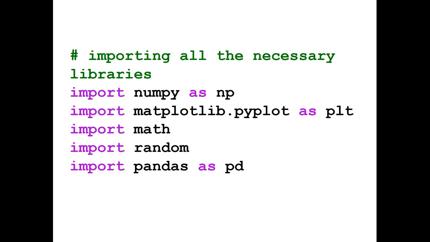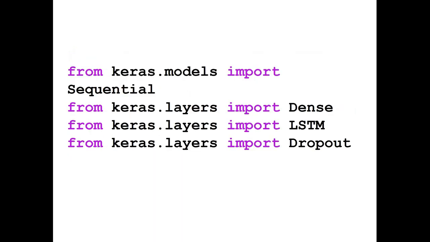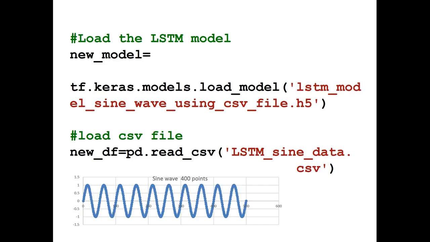As we discussed in earlier videos also, it's NumPy, matplotlib for plotting, math, random, pandas, etc. required. Keras is also required. Now, the first thing, you have already built a model and put it in an H5 format. Now we have to load that model. So the line which is used to load that model is simply load_model, the H5 file.